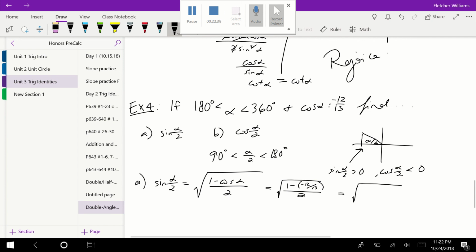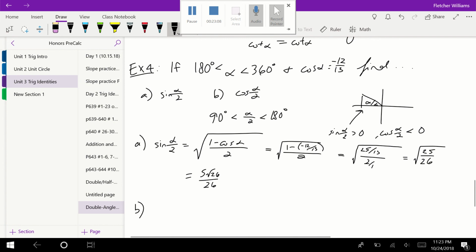Minus negative, so 13 plus 12 would be 25/13 over 2 over 1. You'll see this becomes 25/26. And you can simplify that down to 5√26/26.